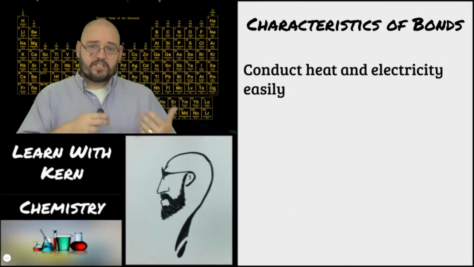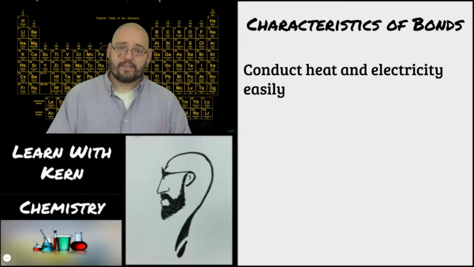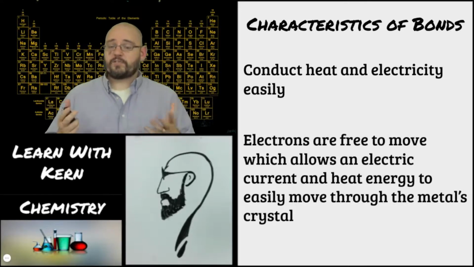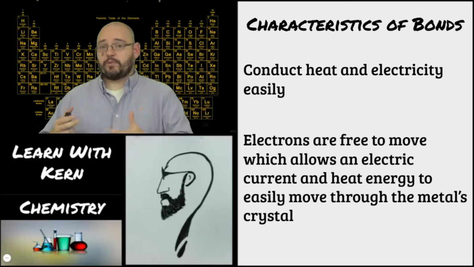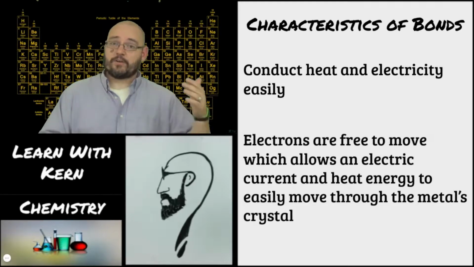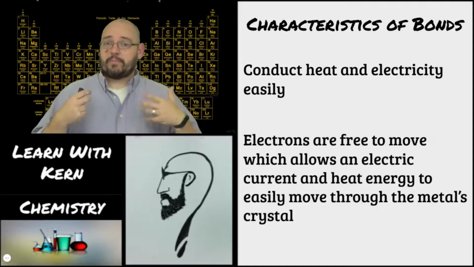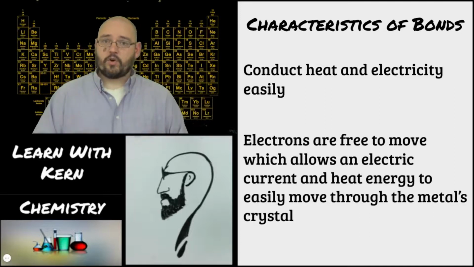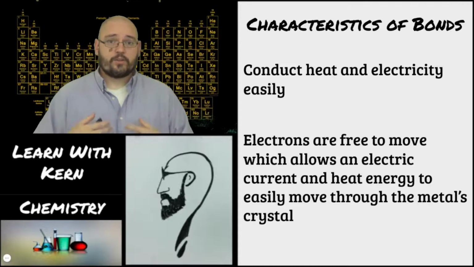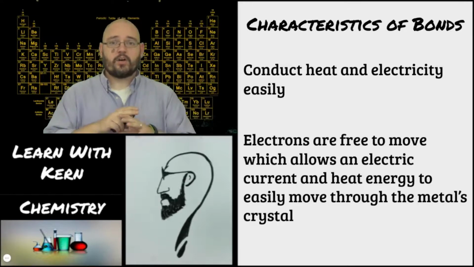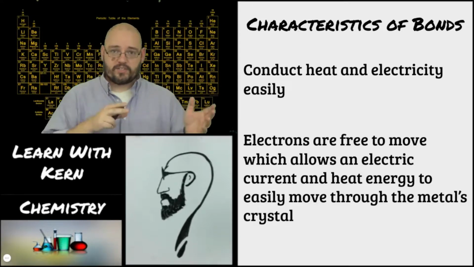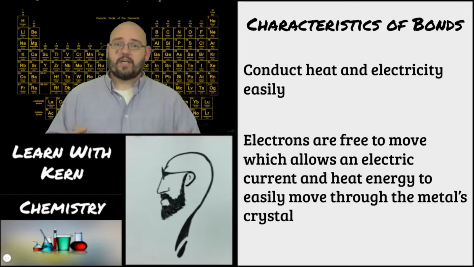Metals conduct heat and electricity. Why? Well, electrons are free to move, which allows an electric current and heat energy to easily move through the metal's crystal. Because they are free to move, and moving electrical charge is what electricity is, those electrons allow electricity to flow through them a whole lot easier.